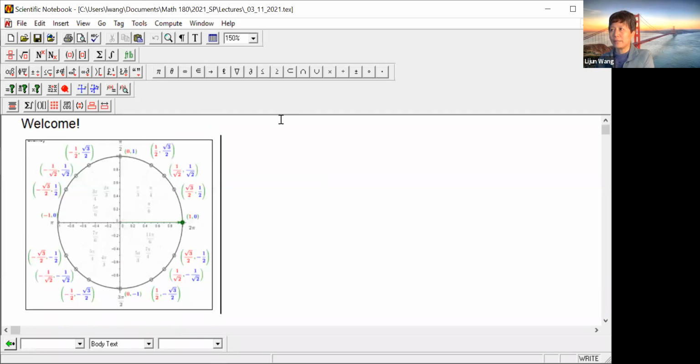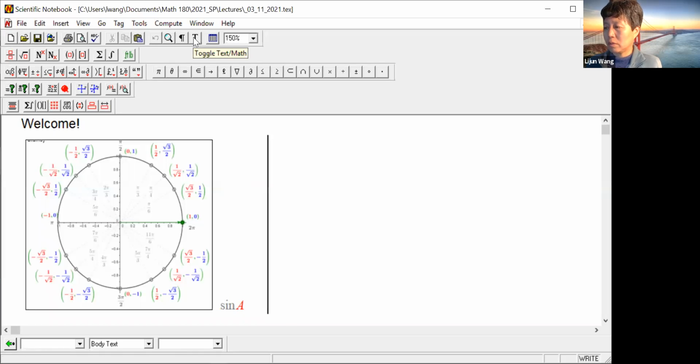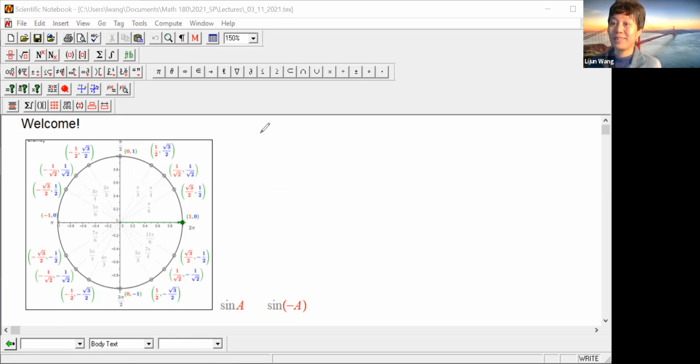So first, let's look at sine. We go by definition. Opposite angle. What are opposite angles? ARDs.